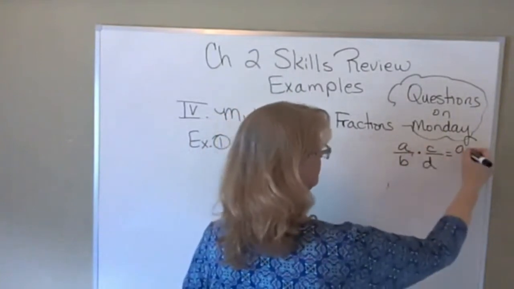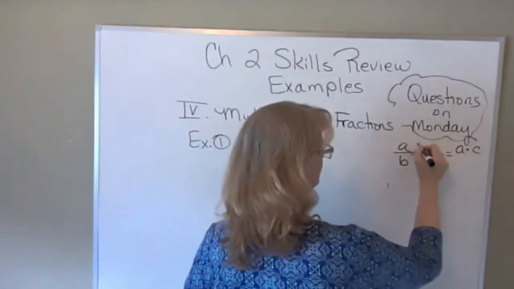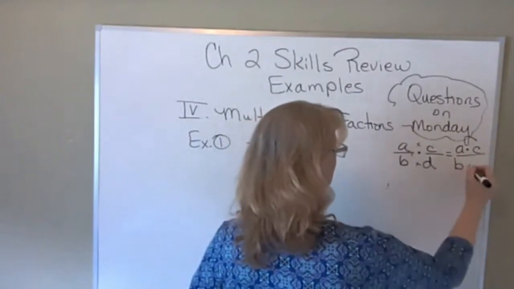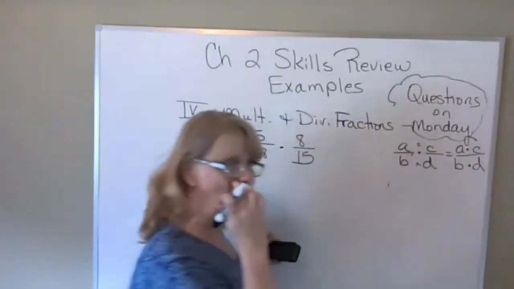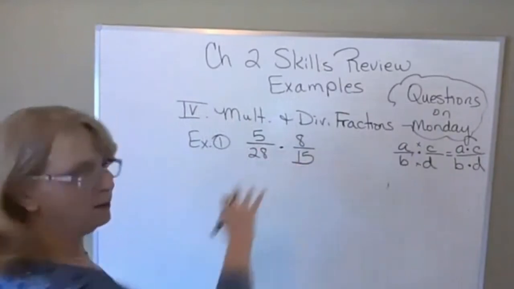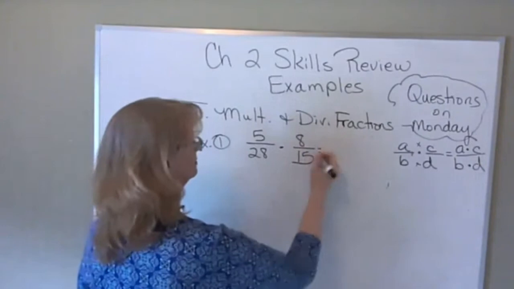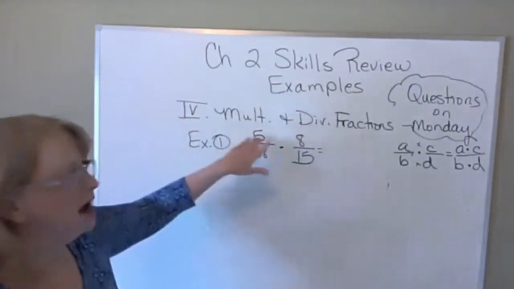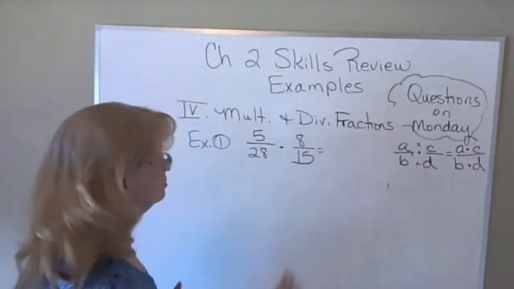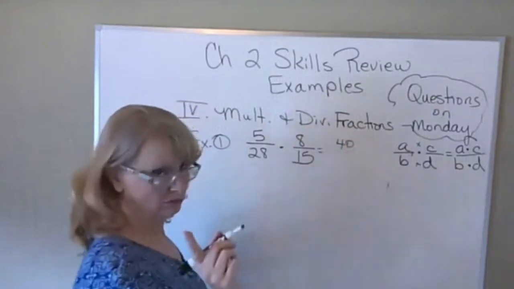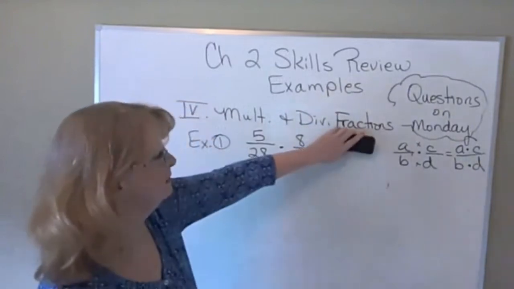You just multiply across. But if you look on here, that would give me big numbers. So I'm going to do this a different way. That top would give me 5 times 8, which would be 40. That's true. But I'm not going to make it 40.